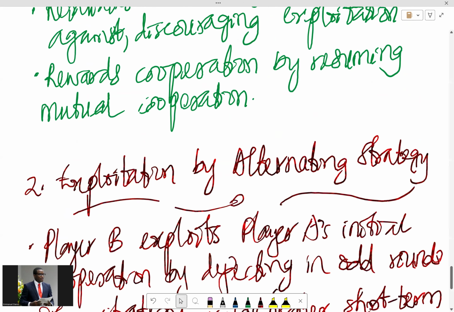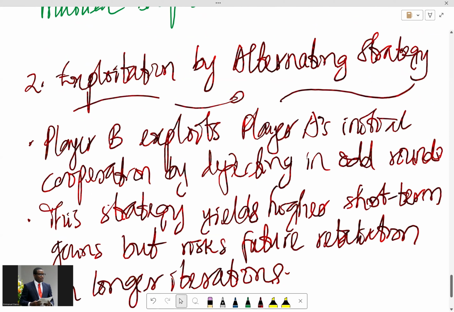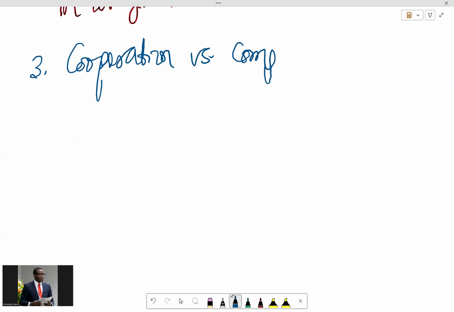Then we have the third insight we get from here. The third insight is about cooperation versus competition.